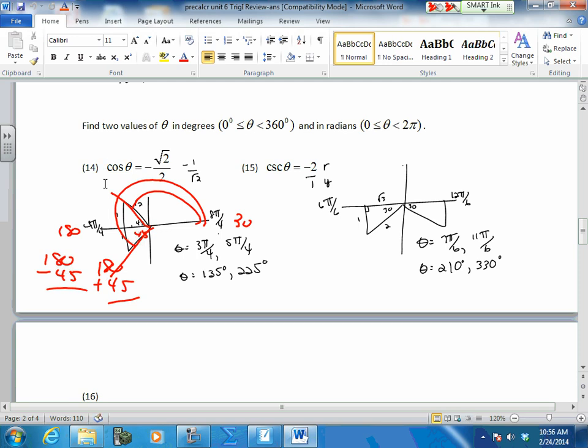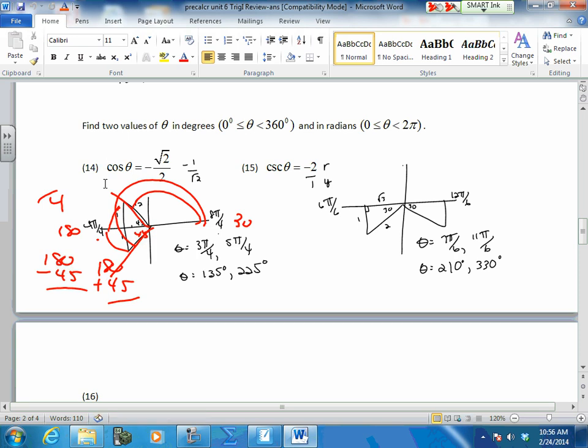So then convert it to radians. Take your 45, divide that into 180. That's your bottom number. So this is 4 pi over 4, 8 pi over 4. Your short one, your 3 pi over 4. You're past that, 1 past 4 is 5 pi over 4. Are you catching on to that pattern? How many of you are catching that? Yeah, it really helps being able to do that.